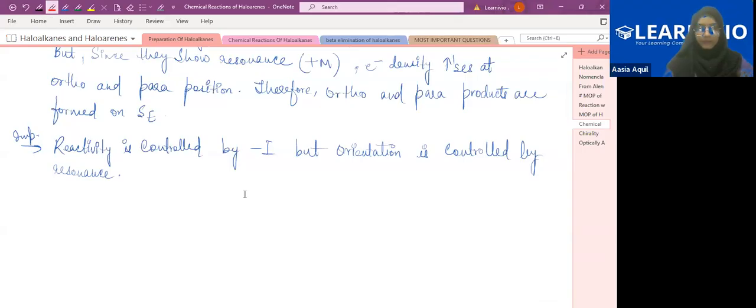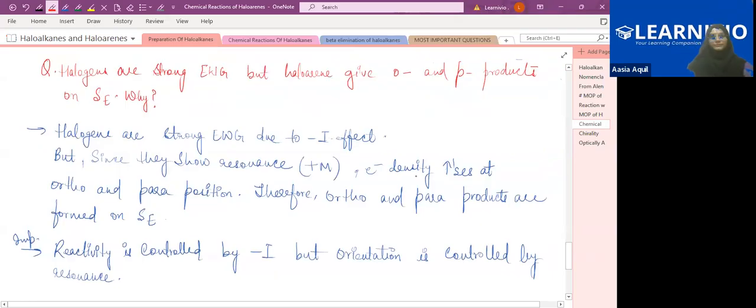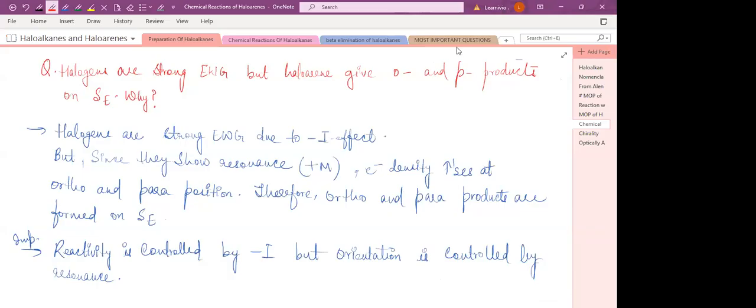Now you can write down. Write down the proper answer. Written?